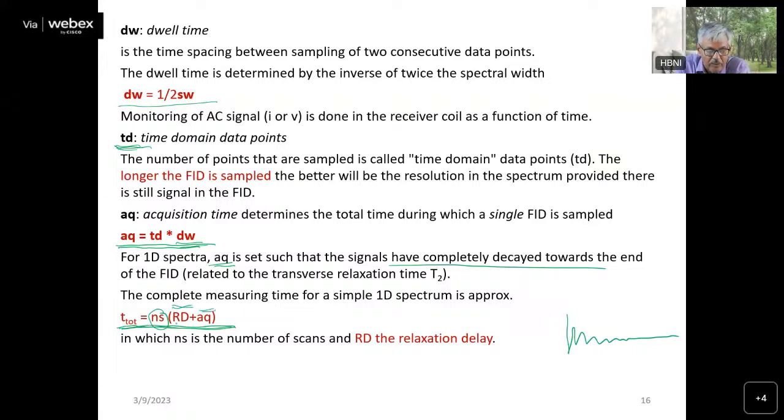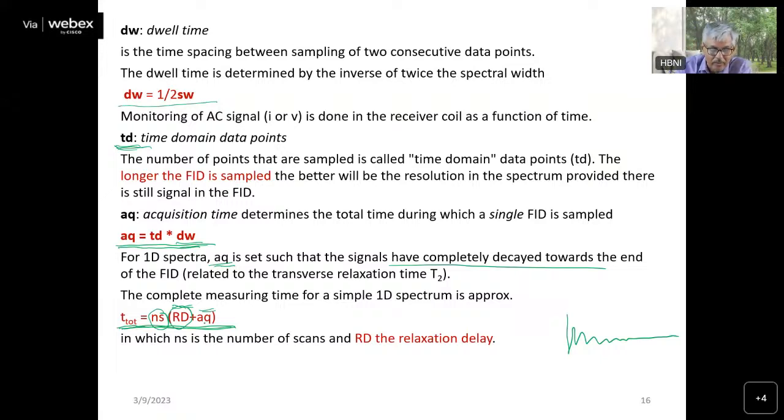RD is nothing but, see, when you are bringing the magnetization into the XY plane, during this acquisition time, it may not be going back to the Z direction. Unless it goes back to the Z direction, if you again give a pulse, it will not be fruitful.